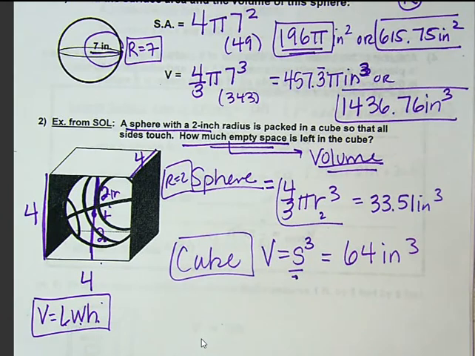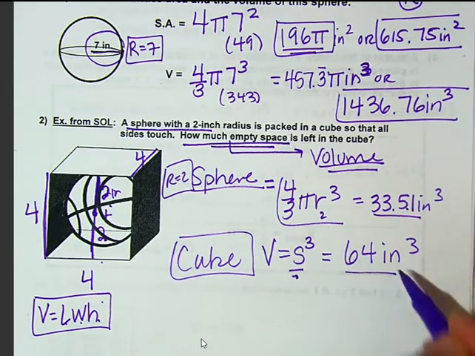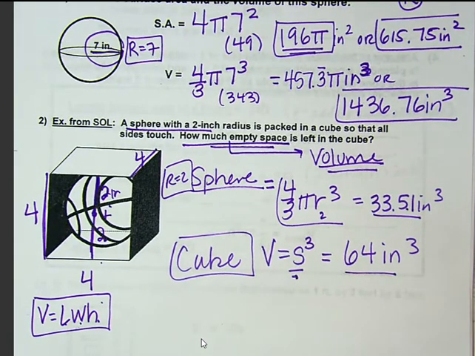Now the question says how much empty space is left. So if the ball takes up this much space and the cube takes up this much space, let's say it's a glass basketball trophy that I want to send to somebody. I want to make sure it doesn't get broken. How much of those packing peanuts do I need to buy to fill the rest of the space? That's what the question is kind of asking.